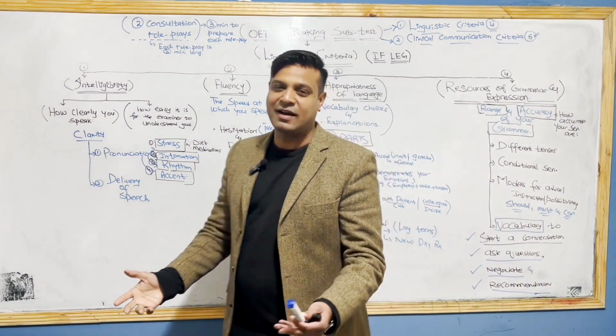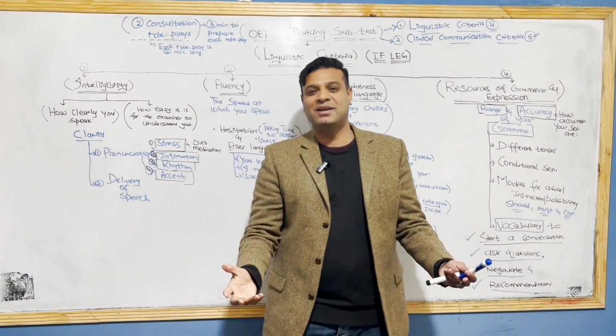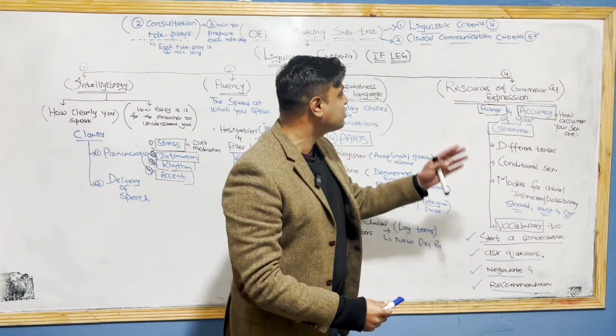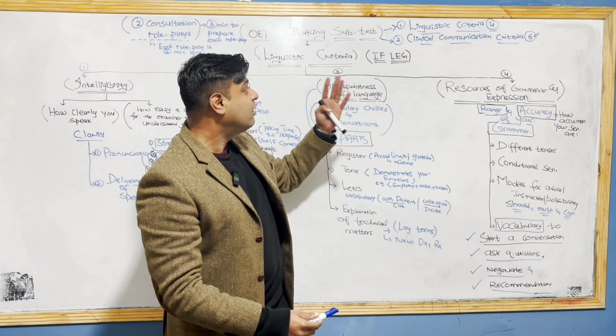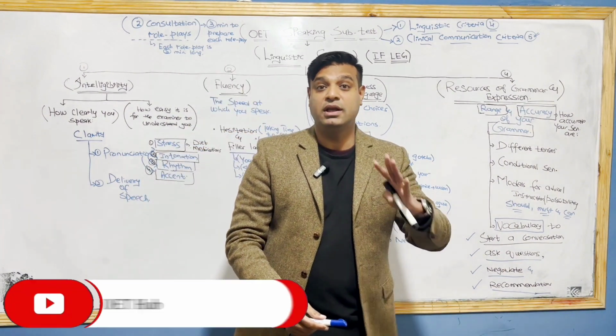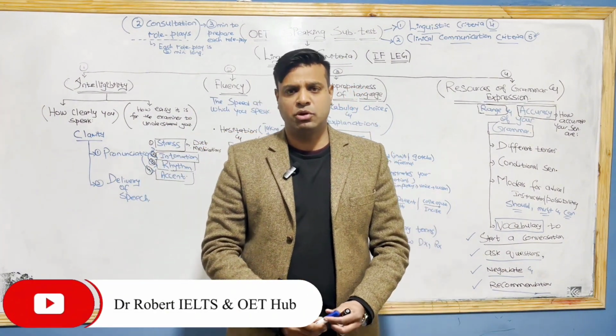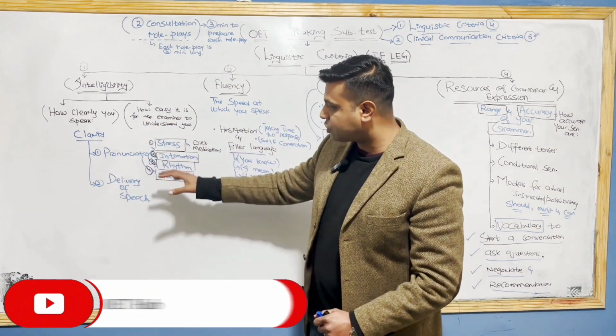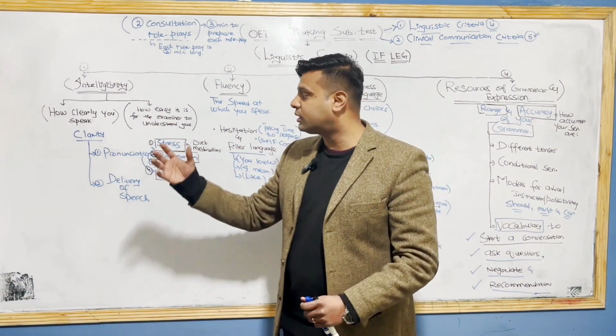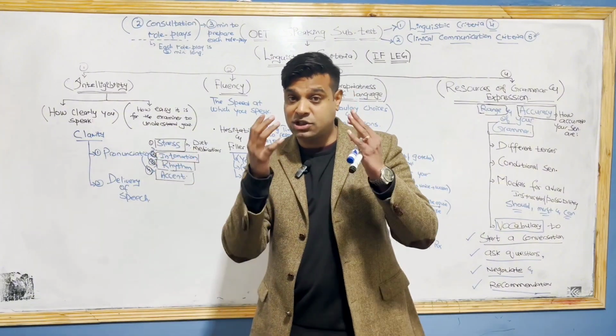That's how we studied even in our medical school. This is the easiest way to remember and memorize that we have four criteria to cover in the linguistic criteria. Now I'm going to talk about each criteria in such a way that you will understand what they are looking for in your OET speaking test.